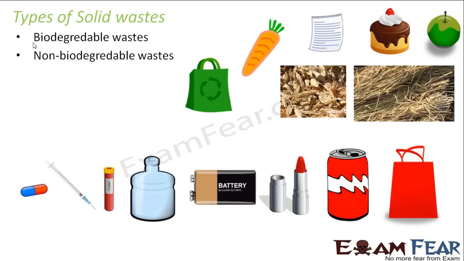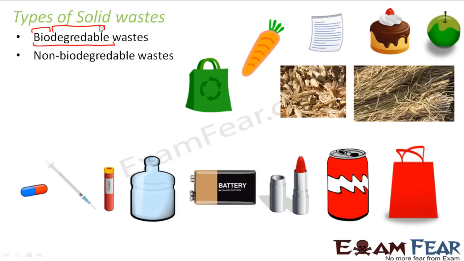Now what is biodegradable waste? Bio means life. Degrade means something which can be broken down. That is called degradable. So biodegradable means things which can be broken down by living organisms.